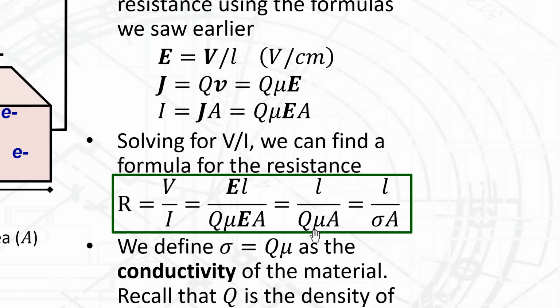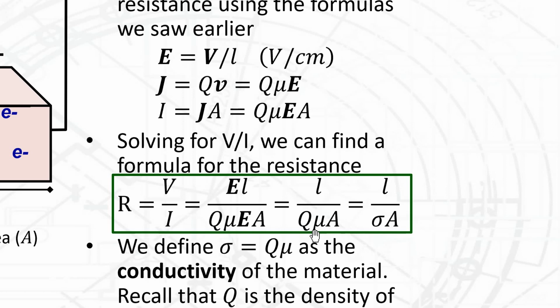So what would it depend on? How can you control mu and Q? Doping. Doping, correct. The mobility also depends on doping and temperature, both. And then the geometry is controlled by layout.